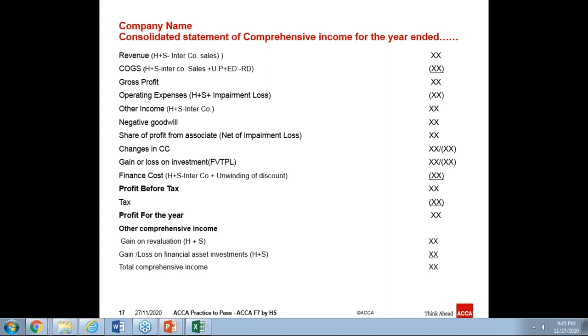You should know the format to follow for the consolidated revenue, consolidated cost of goods sold, and how we can prepare the cash flow statement using the indirect method, investing activity, financing activity, and then for the final accounts, you should know how to prepare the income statement, balance sheet, how to present OCI, other comprehensive income, and the SOCE, that is statement of changes in equity.